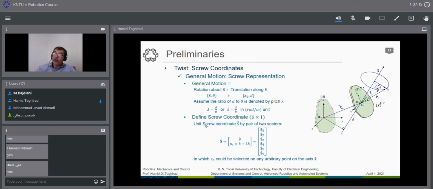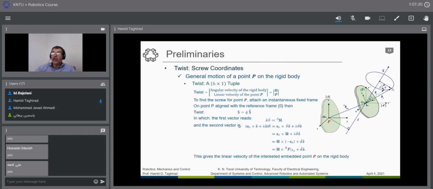This is a unit screw because it still doesn't have the theta dot or theta and d. It doesn't have the motion representation, and we call it unit. We can have a non-unit screw here, which we call twist, basically a 6 by 1 tuple.